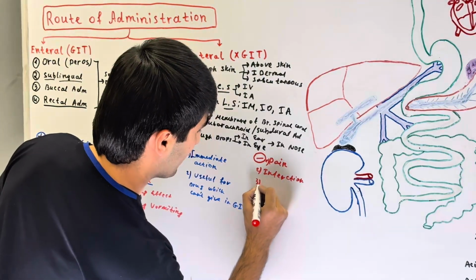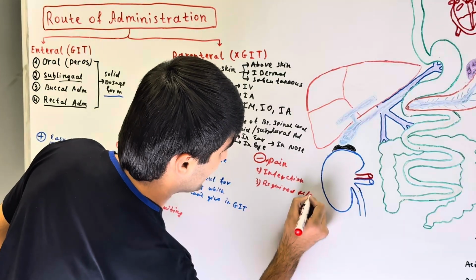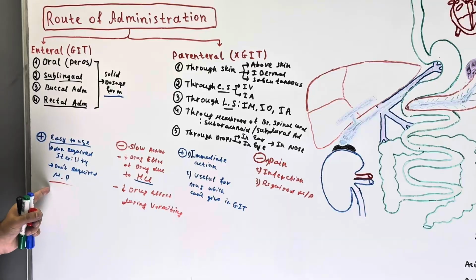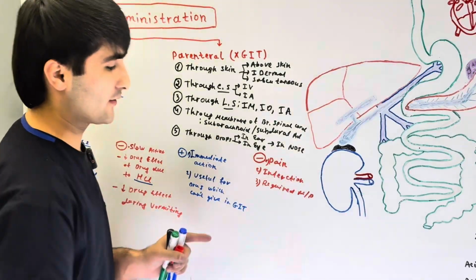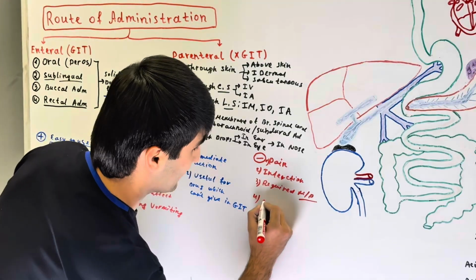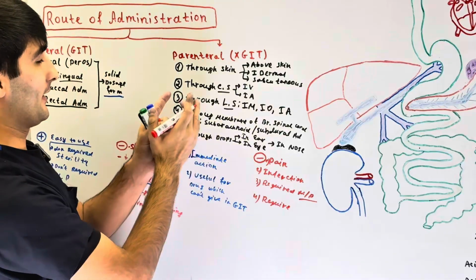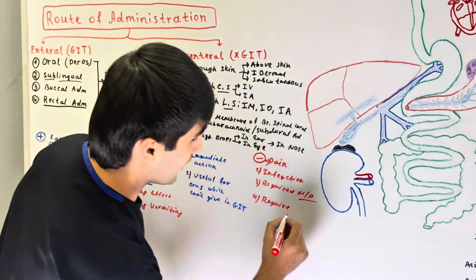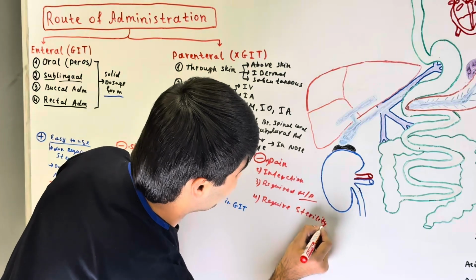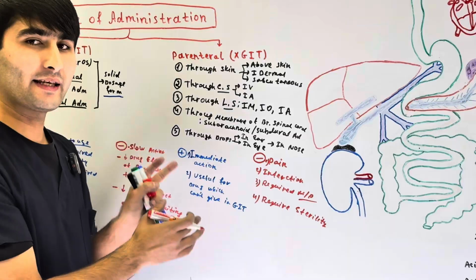The third, it requires medical personnel. So the enteral types of administration don't require medical personnel, but the parenteral types of administration require medical personnel. Also the fourth one, the parenteral types of administration require what? Sterility. Sterility. These were the disadvantages of the parenteral types of administration, which is an invasive process.